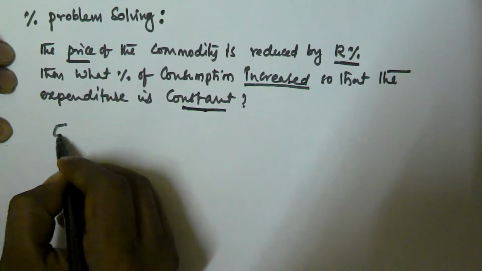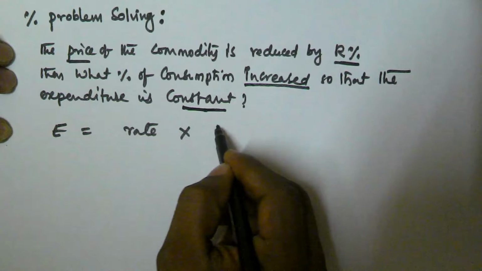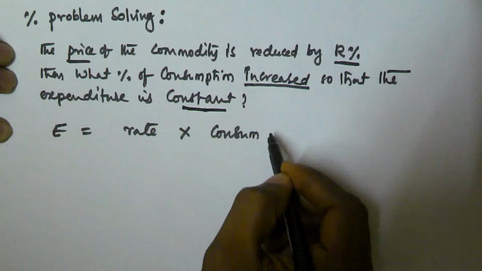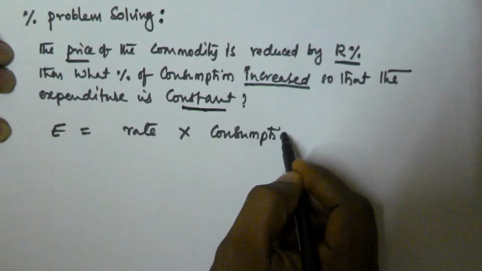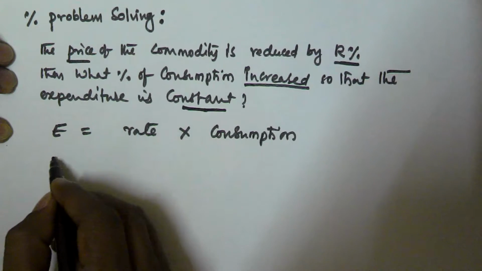As we know, expenditure is equal to rate of the commodity into consumption. So here the rate is reduced by R percentage.